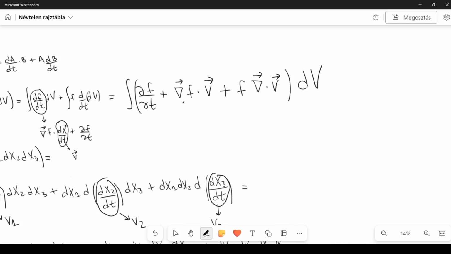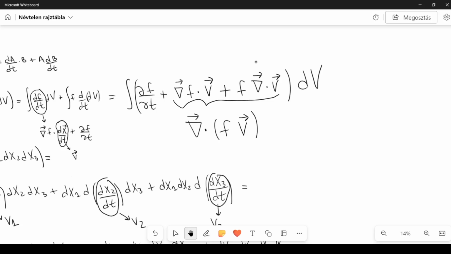We can put these two together and rewrite everything like this. We have the divergence of the function f times v, and then we have dV. Now this is a well-known result that can be derived also in other manners, and I wanted to show you that even with just basic calculus intuition, you can derive what we have derived here.